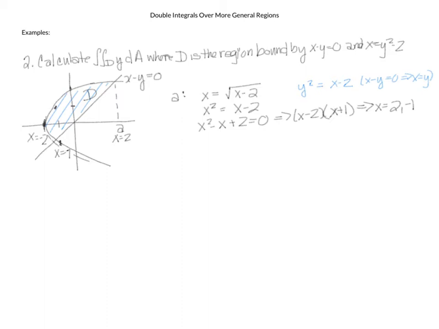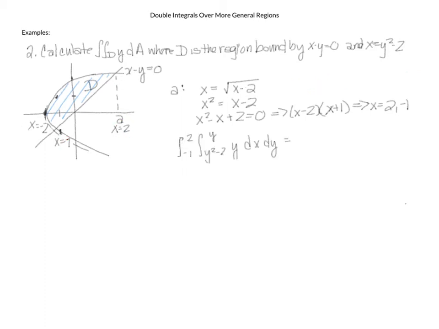Since x equals y, I plugged in x squared here, and I get x squared is equal to x minus 2. I have this quadratic equation, and I solve where these two curves intersect. It's when x is equal to 2 and x is equal to negative 1, and then you can plug in for y, and you get these two points here.